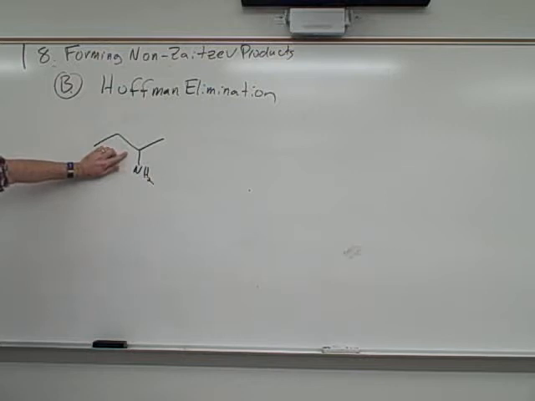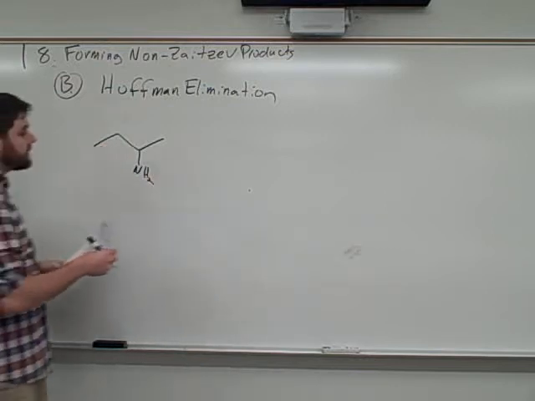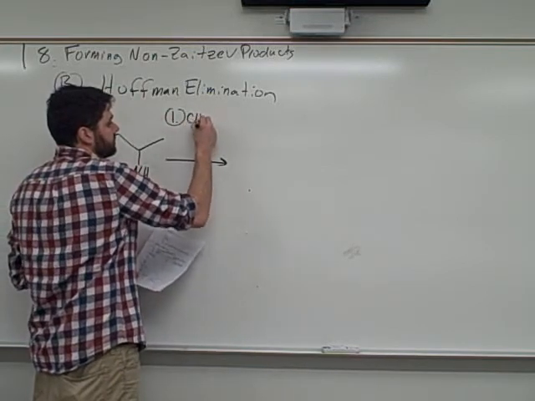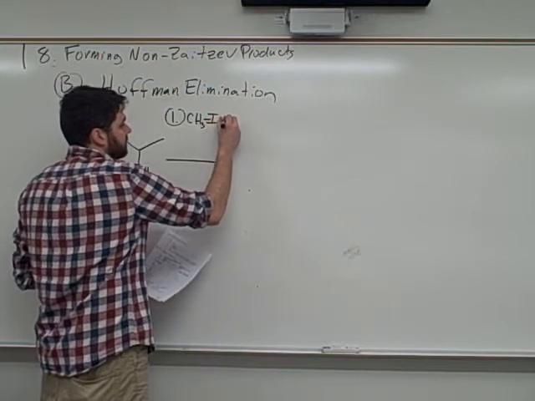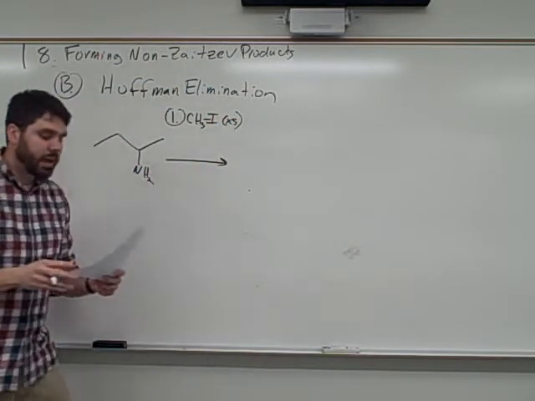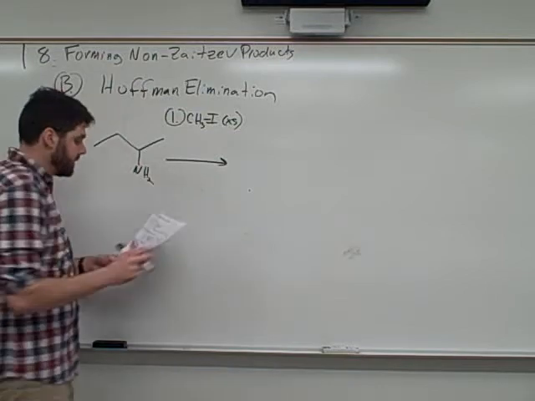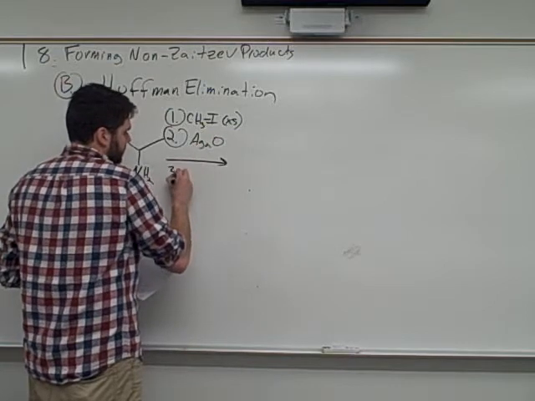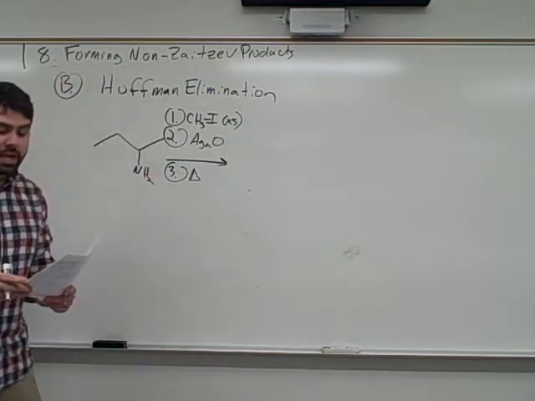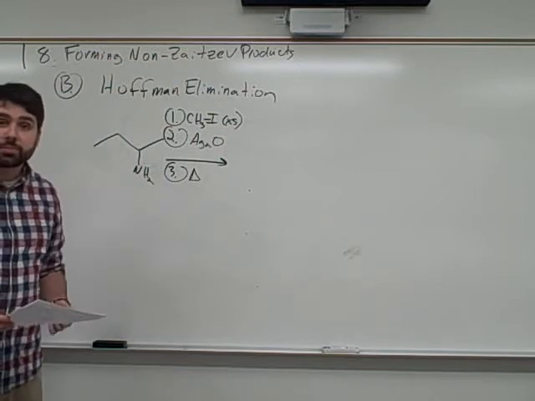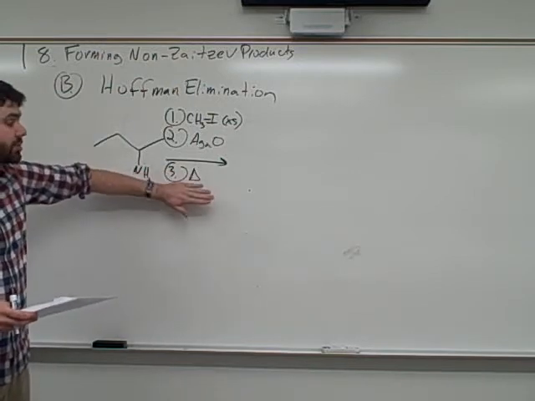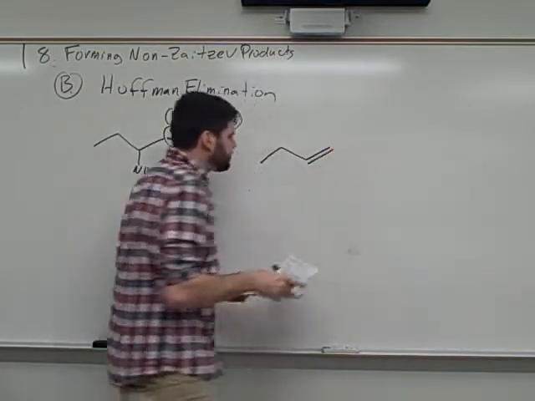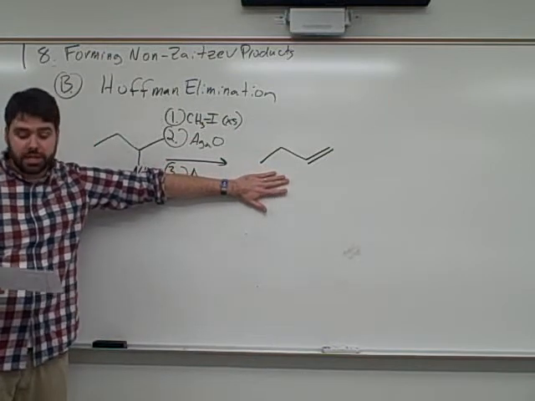So this will be sec-butylamine. And we're going to treat this with an excess of iodomethane, followed by treatment with basic silver oxide, followed by heat. And what this will do is give you the Hofmann product as the major elimination product of this reaction. So for example, with sec-butylamine, you're going to wind up getting 1-butene as your final product.